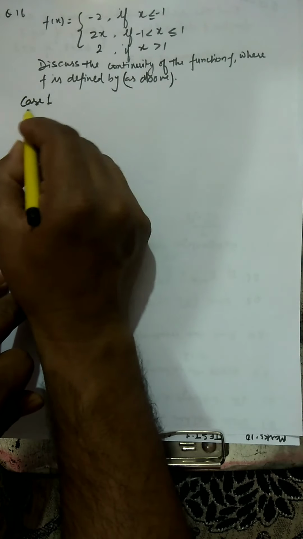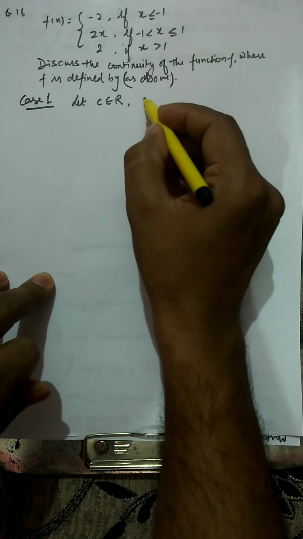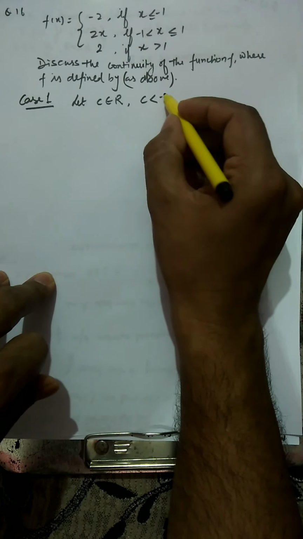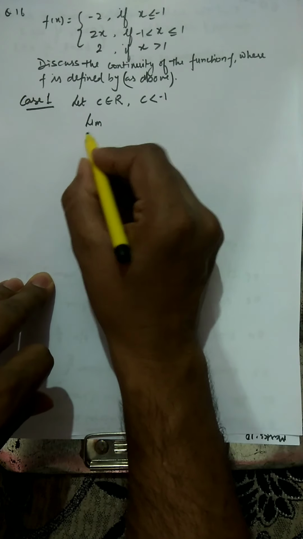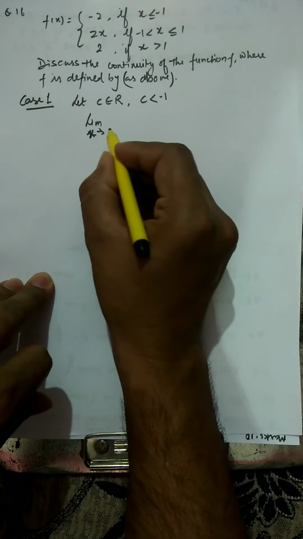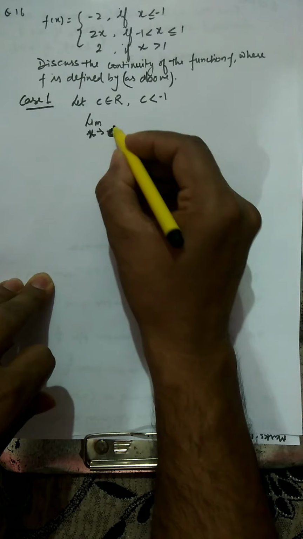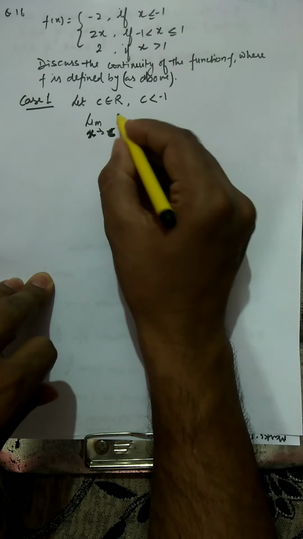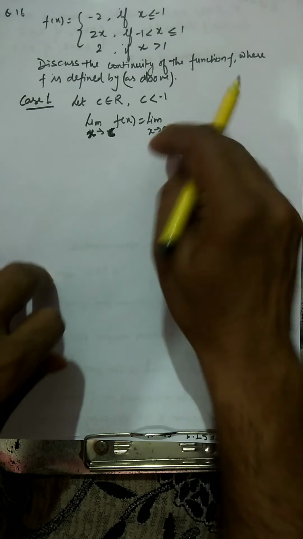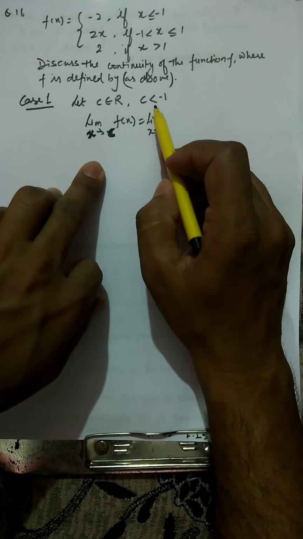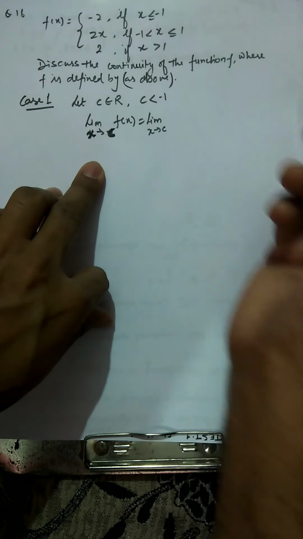So we'll start one by one. Case number 1: let c belong to R, and we are taking c less than -1. So take limit x tends to c of f(x). Now you have to choose a value of c which is less than -1, so it comes into this category, -2.